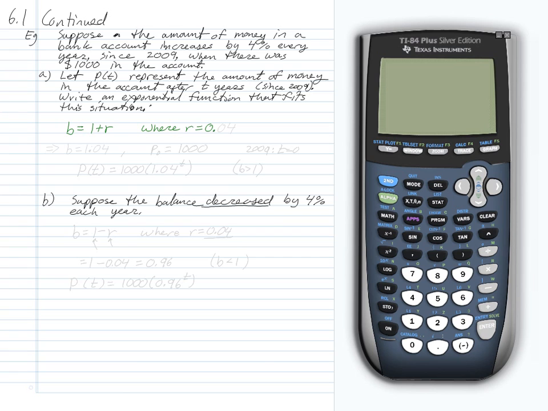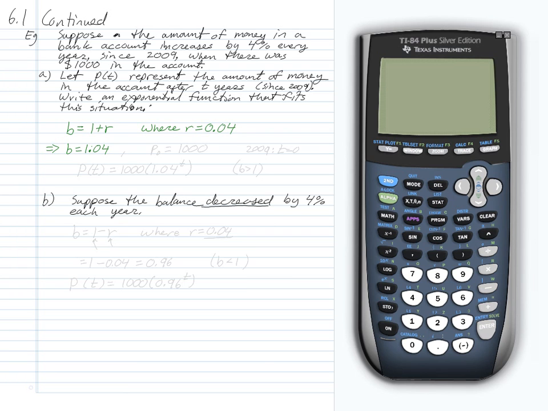In other words, 0.04. So we always need to convert from percent into usable numbers, decimals. Alright, so we can conclude that B is going to be 1.04.